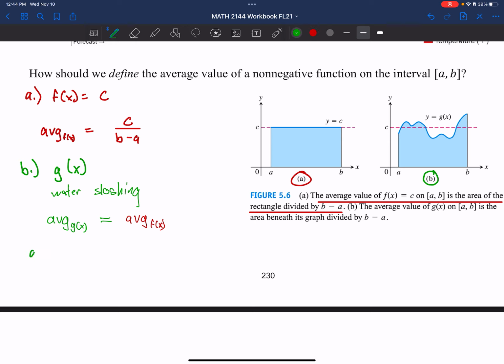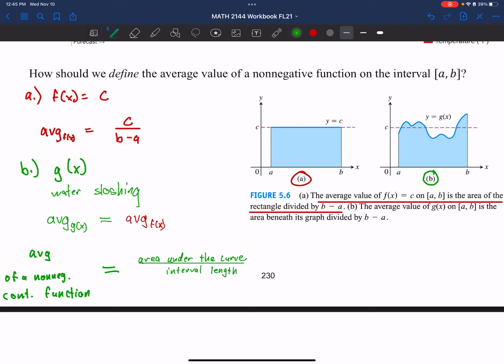The average of a non-negative continuous function is going to be the area under the curve, divided by the interval length.